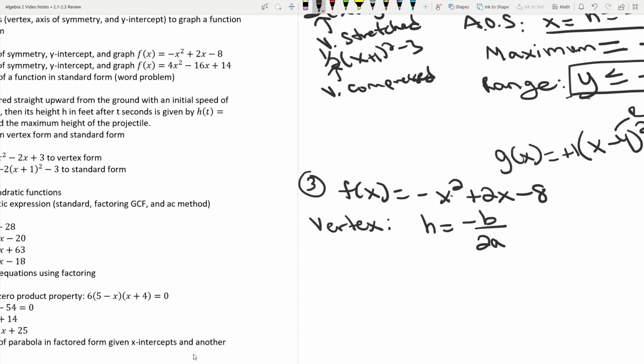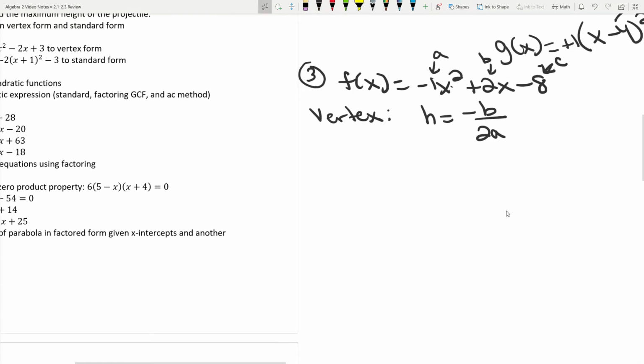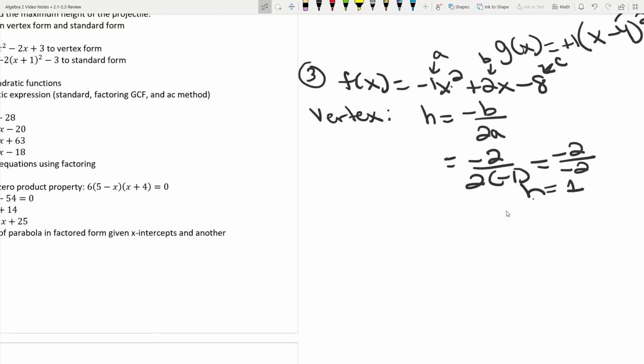Remember that this is a, this is b, and this is c. So in that case, we can plug it in. We get negative 2 over 2 times a, negative 2 over negative 2, which is positive 1. So now we got our h coordinate. Remember the vertex is given by (h, k). So now we got h is 1.